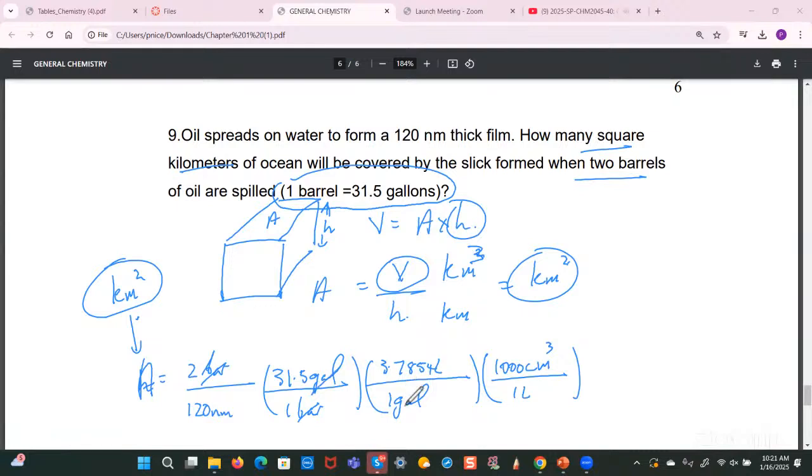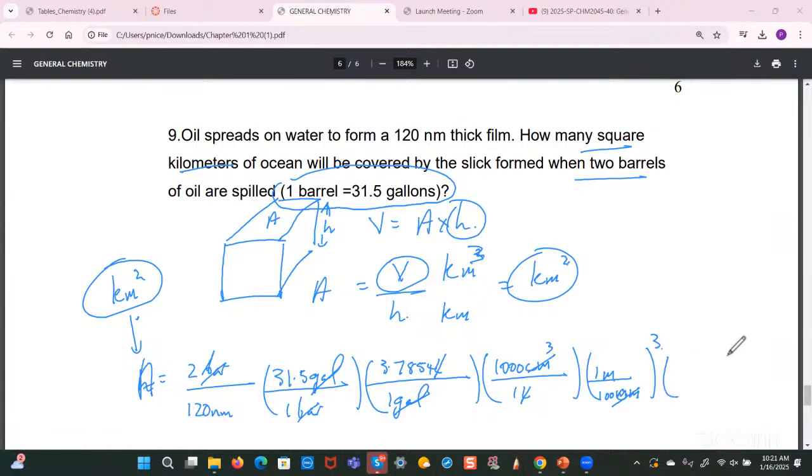Okay, so far this will cancel with that, will cancel with that, and then we can go from centimeters cubed to meters cubed, where one meter is equal to 100 centimeters. We have to cube that because you want the centimeters cubed to cancel out.